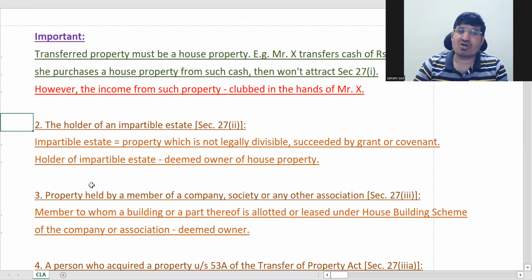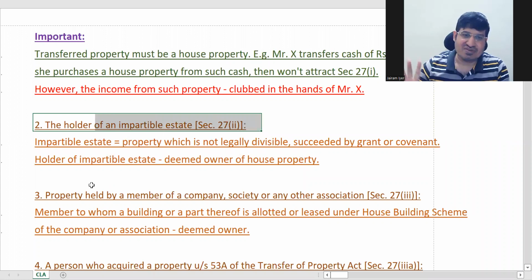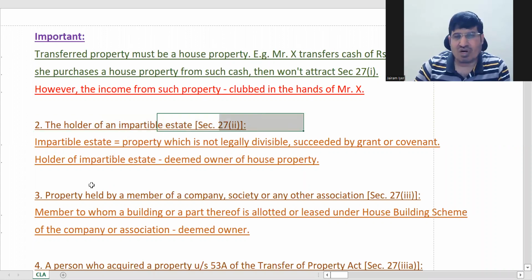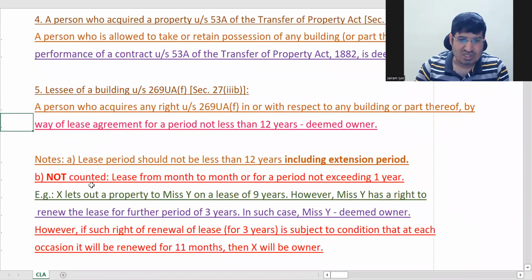There can be a separate short note also about deemed owner. So if a short note is asked, the expectation will not be that you write too many things. You have to write the main points in one sentence. That is enough. And this section, if you do not remember, that is okay. It's not important to quote sections here.